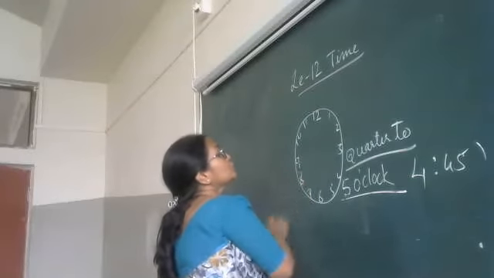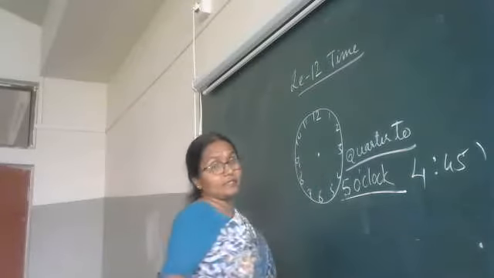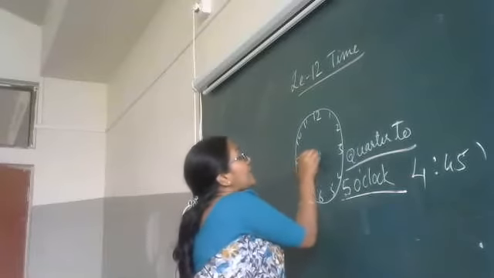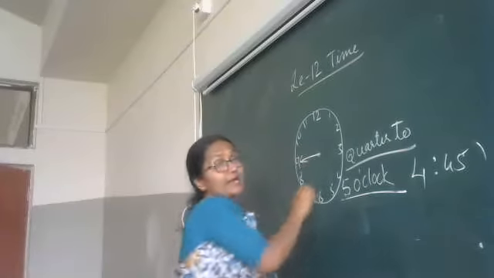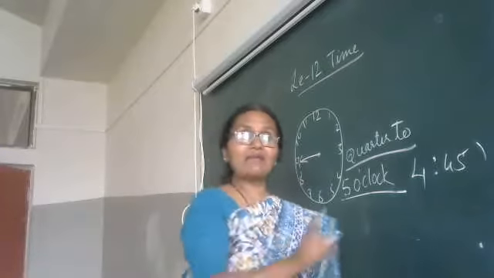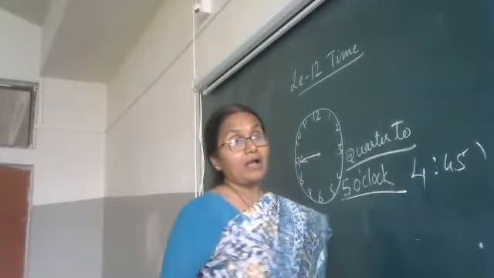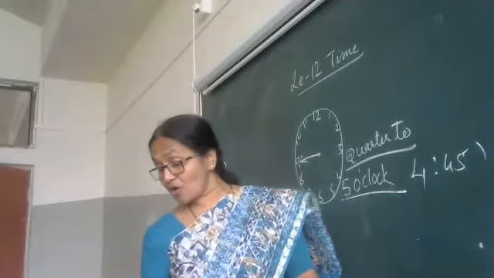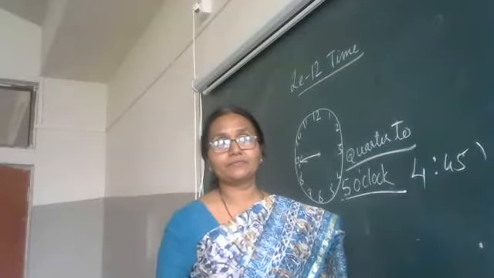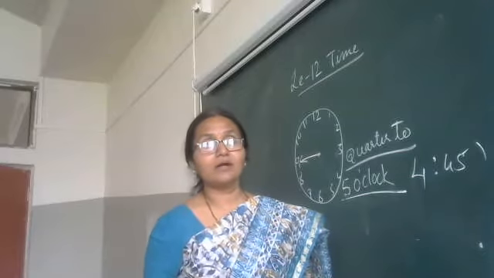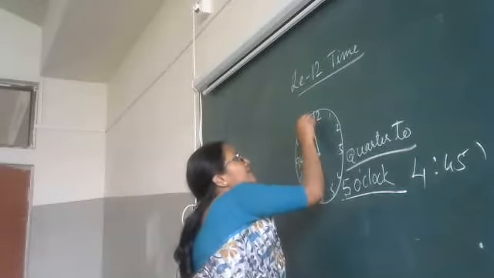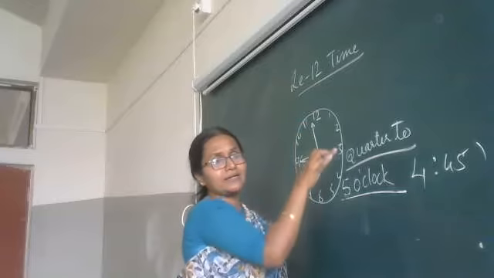Next, again, I will show you. Here, in question D, the long hand, that is the minute hand, is at 9 only. For quarter to, the minute hand will always be at 9. And what hour will it show? Now, where is the hour hand in question D? It is almost near 12.